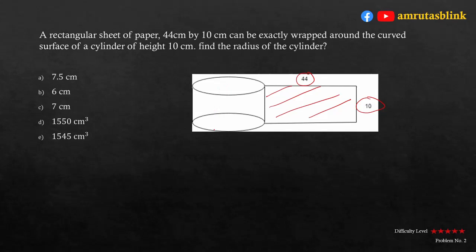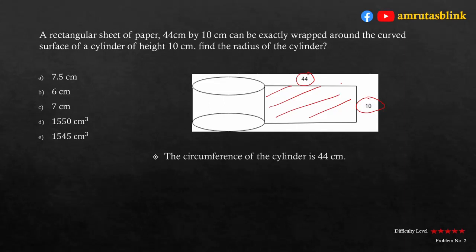So let's suppose you have this cylinder and you are wrapping this sheet of paper along its curved surface area. So the rectangular sheet will exactly cover the lateral surface, that is the curved surface of the cylinder. So we can equate the curved surface area of the cylinder to the area of the rectangular sheet.